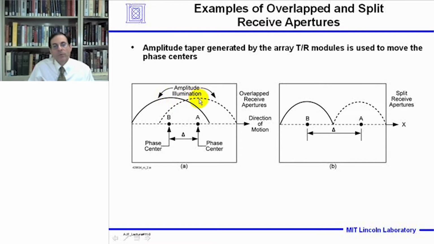And basically what that means is the center of gravity, or the midpoint of these cosine distributions, sets the phase center displacement. And this is the direction of motion. So this is a case of overlap receive apertures. On the right we show the case of split receive apertures where they're fully split apart.